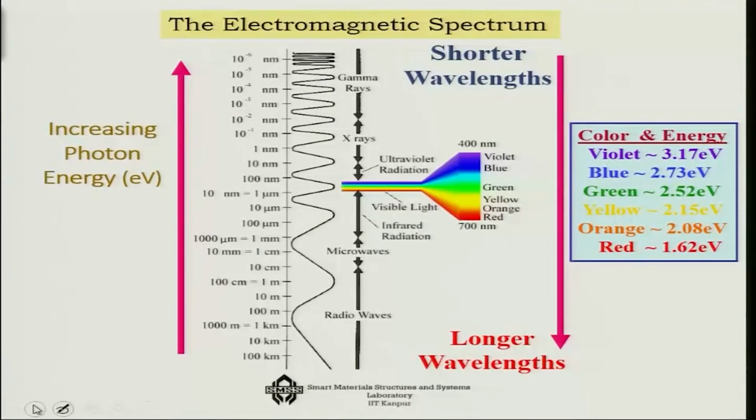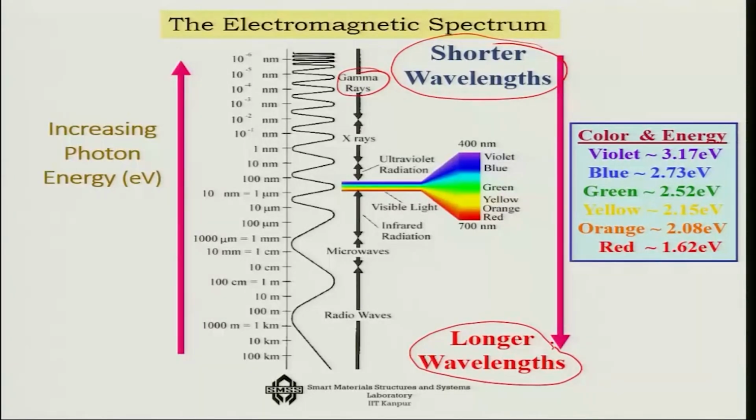Now the first important thing is that when we are talking about the optical property, we are talking about the electromagnetic spectrum. In that electromagnetic spectrum of the wavelength, we have shorter wavelengths at one extreme, which is like the gamma rays, and longer wavelengths in the other extreme, which are like the radio waves.